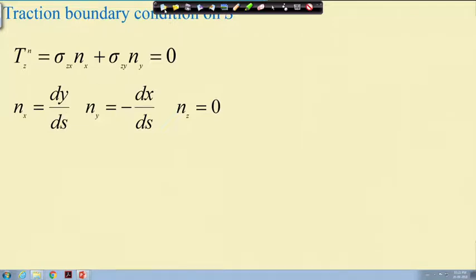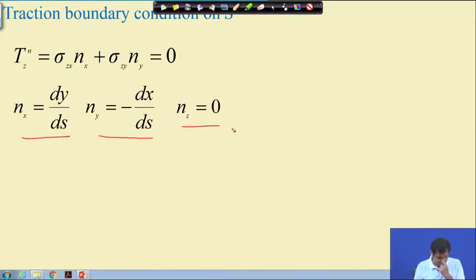Now, again recall the expressions for nx and ny. Just now we derived nx is equal to this, ny is equal to this, and nz is equal to this.